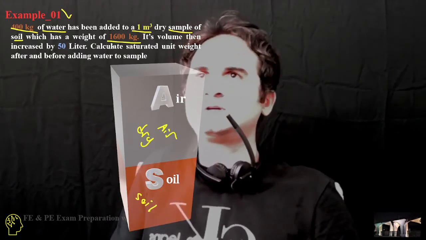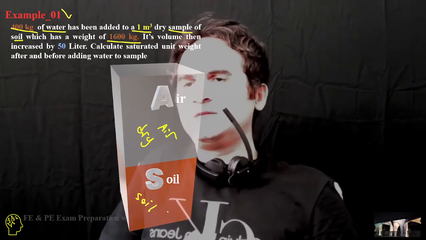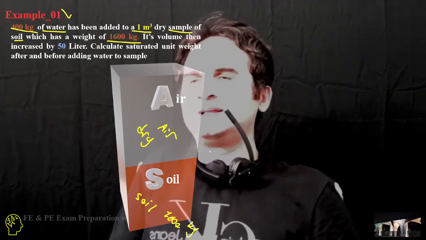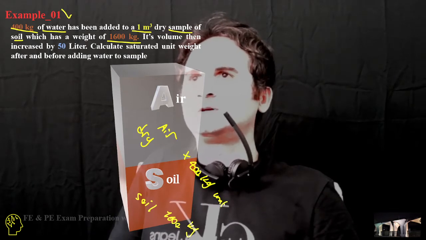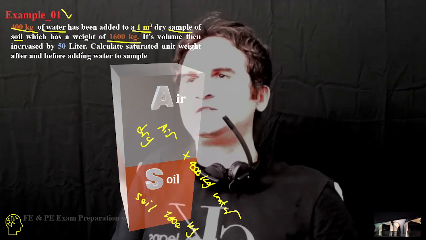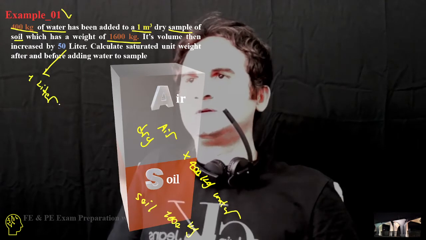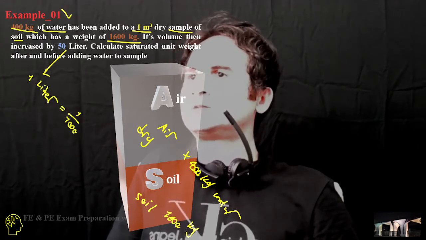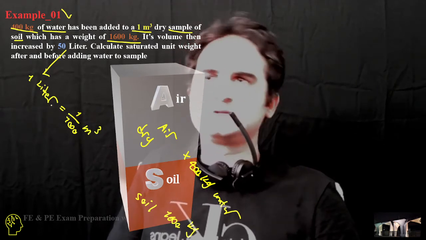There is no water, and the total weight is 1600 kg, and it's just the addition of 400 kg of water, and its volume then increased by just 50 liters, and each liter is equal to 1/1000 of a cubic meter.